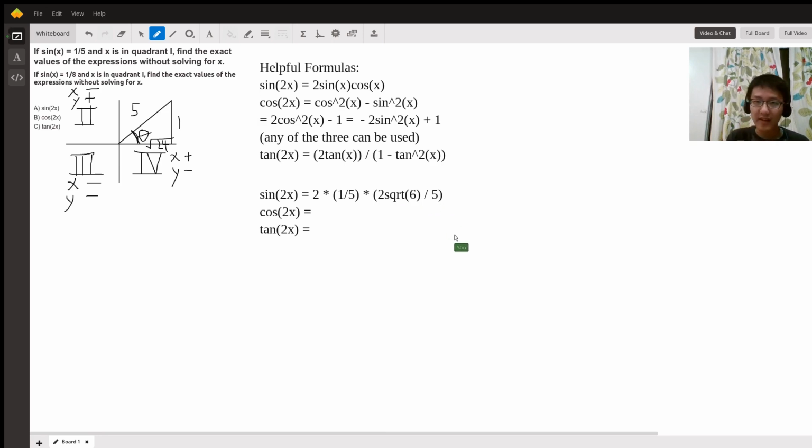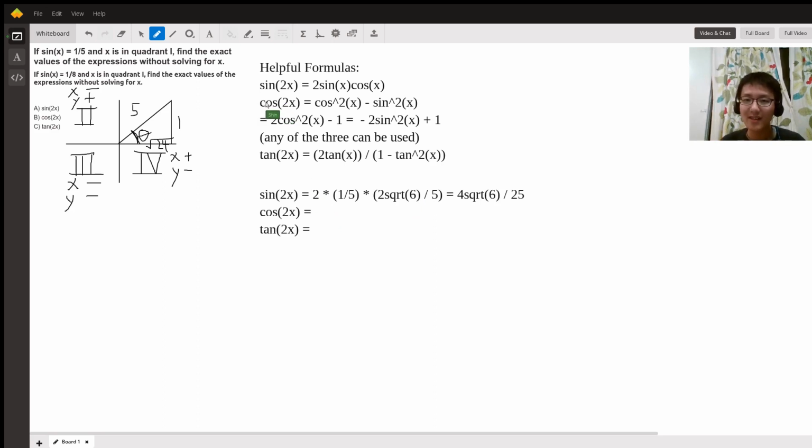Then if you multiply all that, you get 2/5 times 2 rad 6 over 5, so it'll be 4 rad 6 over 25. That's the answer for sine 2x.